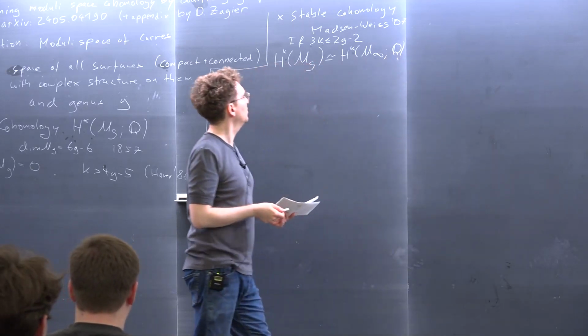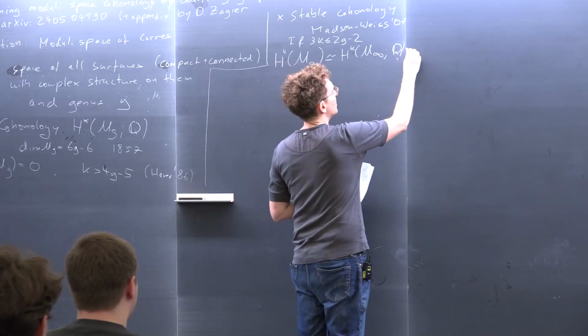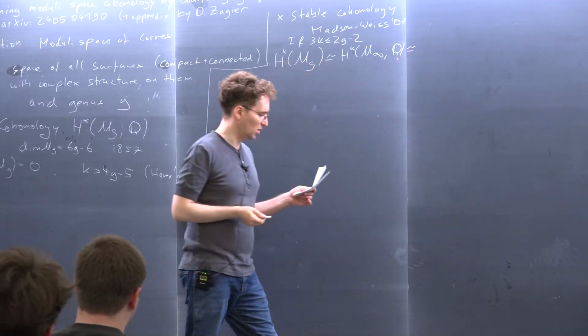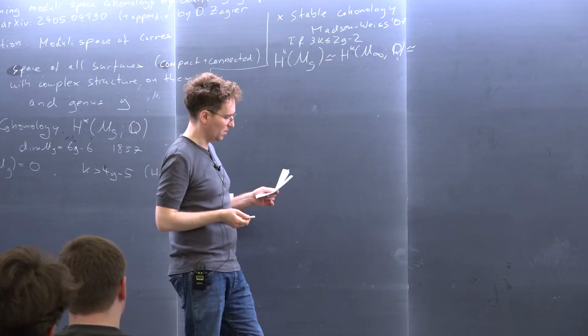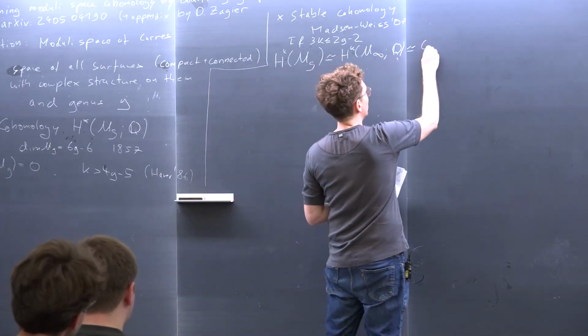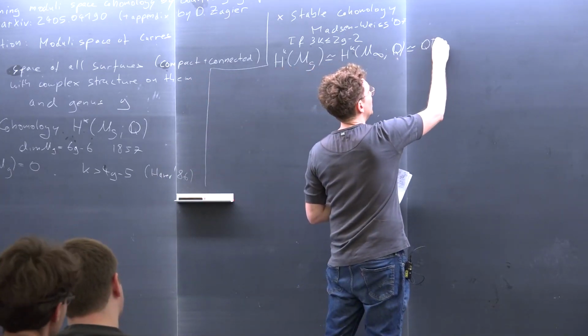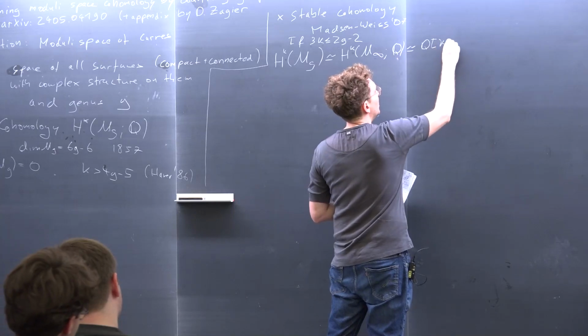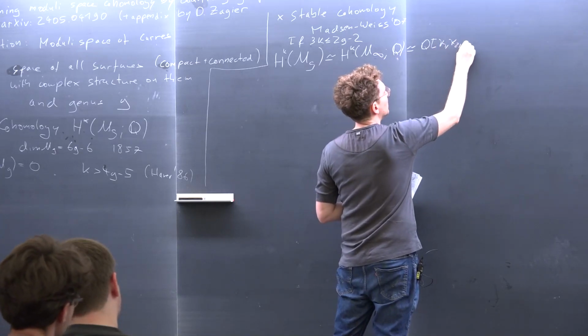And the result by Madsen and Weiss shows that this stable cohomology of the moduli space of curves is entirely generated by a polynomial algebra in the so-called kappa classes.